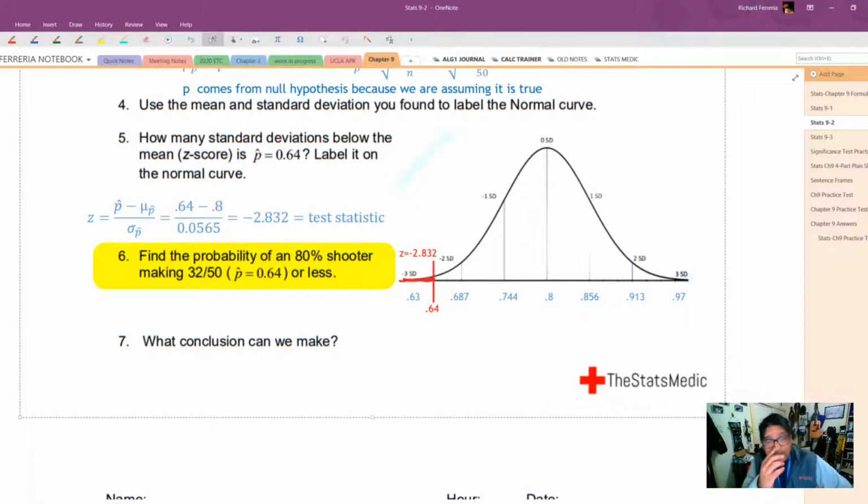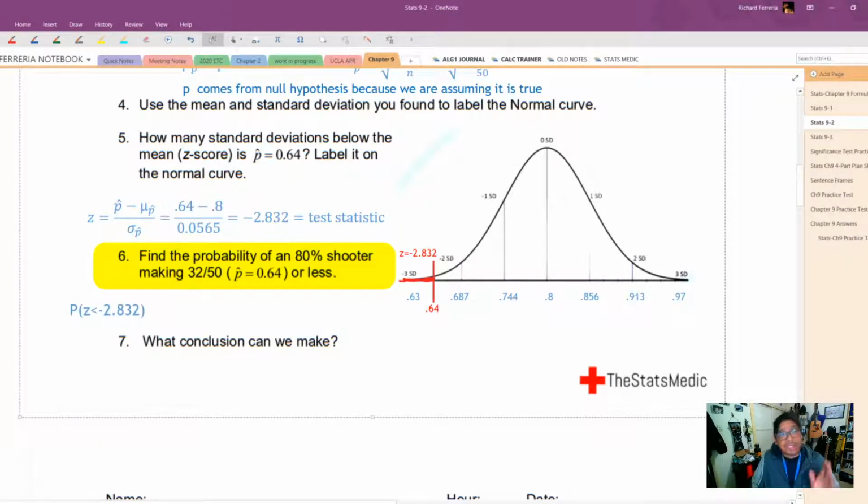So remember what this is saying. We are starting with the assumption that I shoot at 80%. And then if I do shoot at 80%, what's the probability that I would have only made 32 out of 50 or less than 32 out of 50?